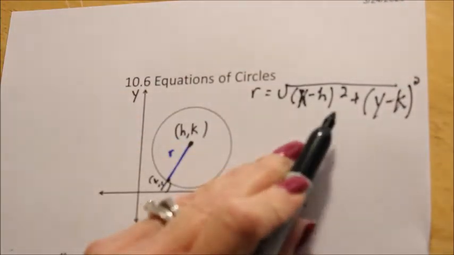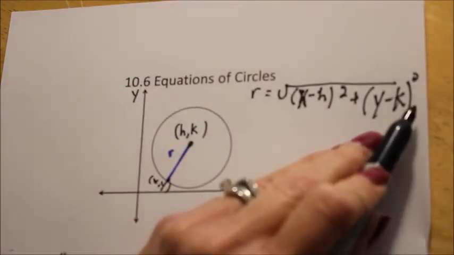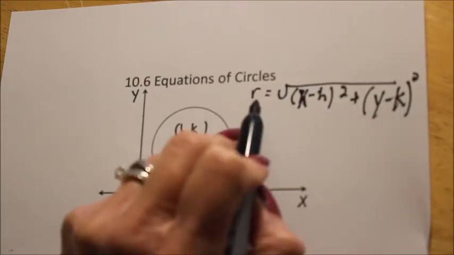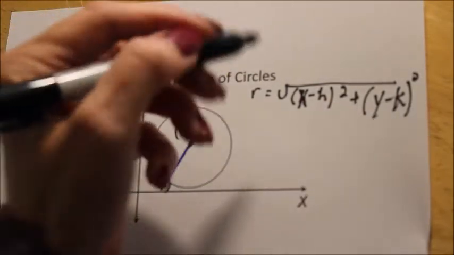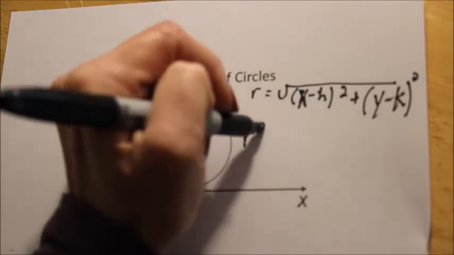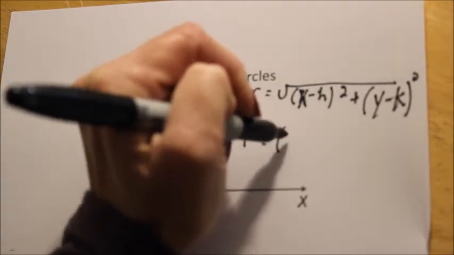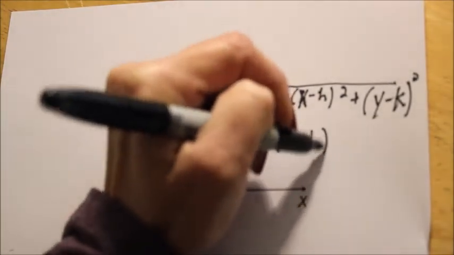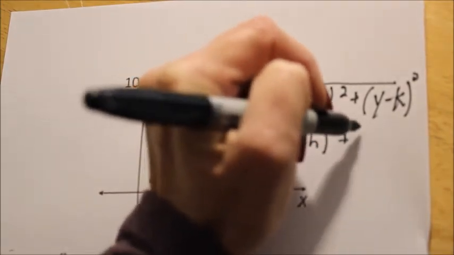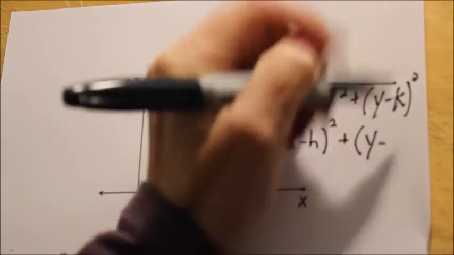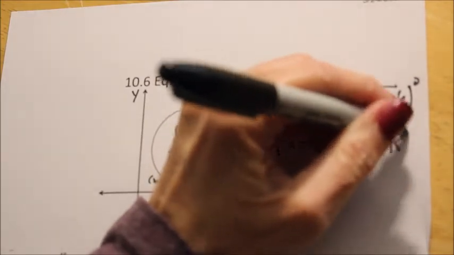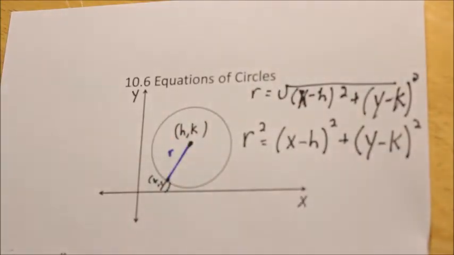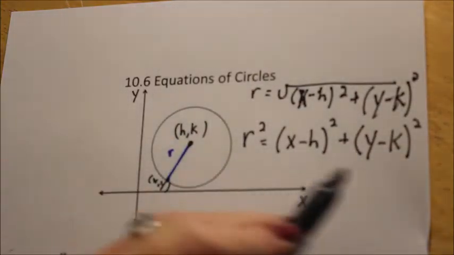So that's how you would find the r. But the actual equation of a circle is r squared equals x minus h squared plus y minus k squared.